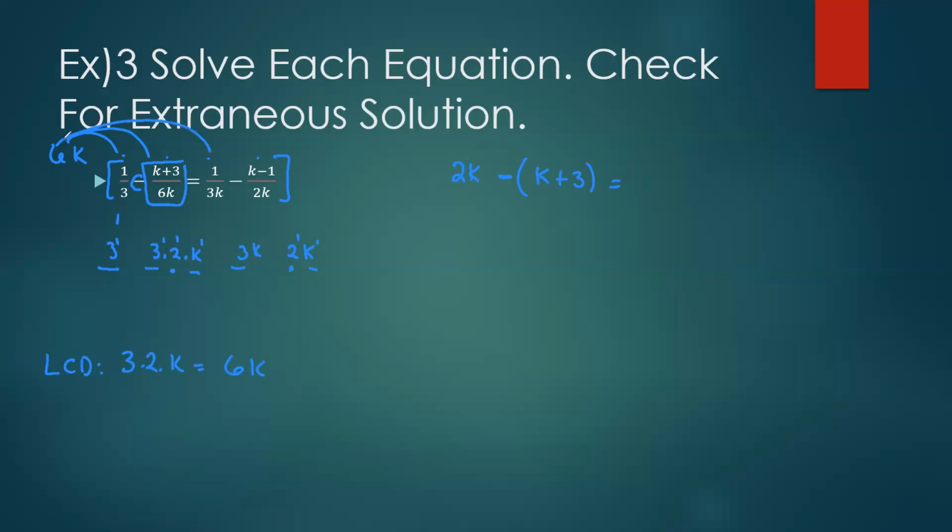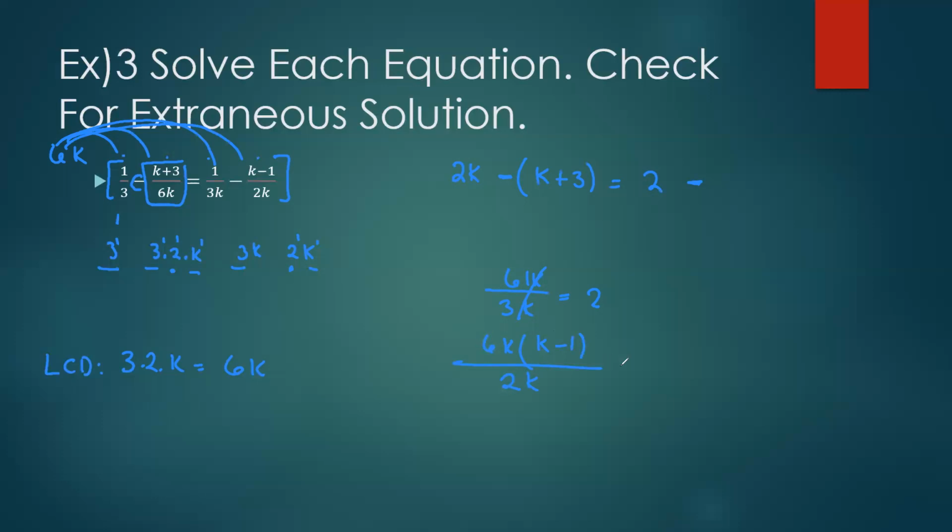Keep on going, 6K times 3K. If you get lost, just write it out, 6K over 3K. The K's cancel, and then 6 divided by 3 is 2. Keep on going. Careful, there's a minus. Write it out if you get lost: 6K times K minus 1 over 2K.